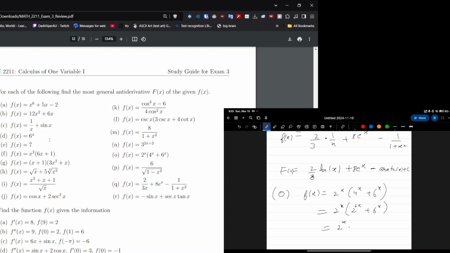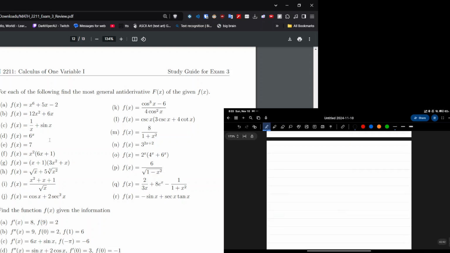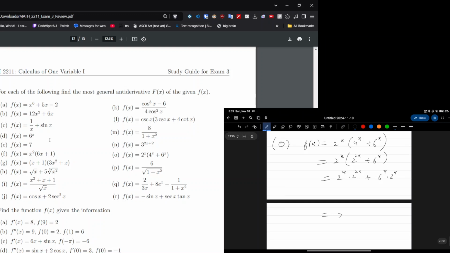So 2 to the power x times 2 to the power 2x plus 6 to the power x times 2 to the power x. When bases are the same, the powers get added up.